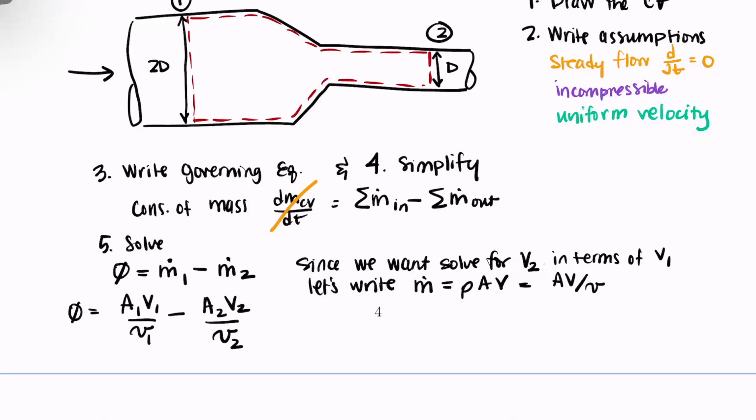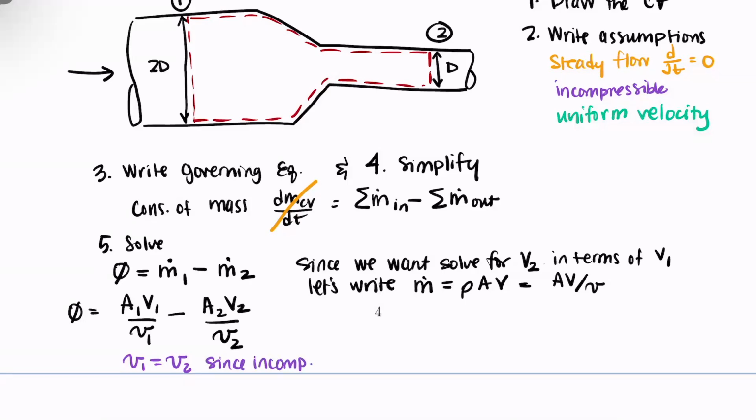Can anybody tell me about little v1 and little v2? Can we say something about them based on our assumptions? They're the same, right? So since it's incompressible, the specific volume at 1 and 2 have to be the same. Okay, so little v1 equals little v2 since incompressible, right?